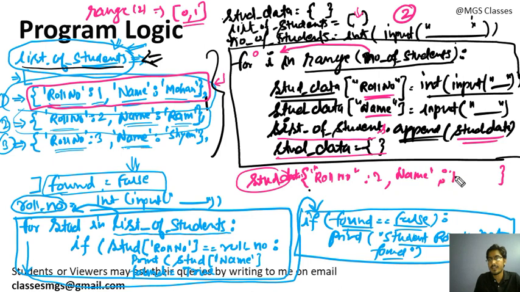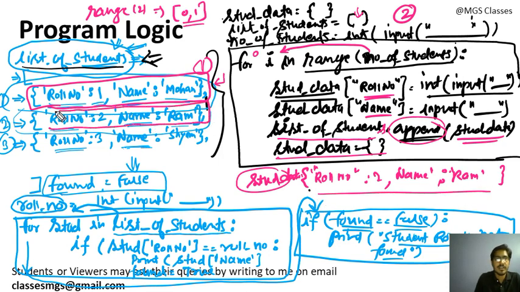Now the append method will insert at the last of the list. The list of students already has the first element, and now we are appending the next dictionary. Then this dictionary will become like this, roll number 2 and name Ram.